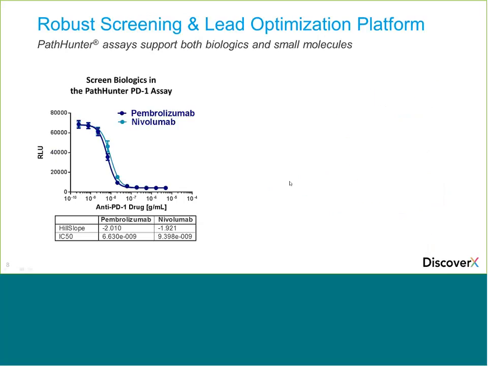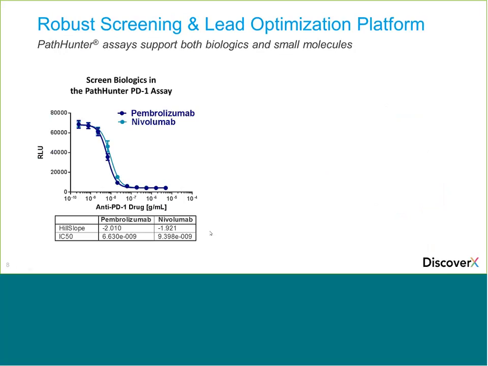Here is an example where we've tested pembrolizumab, the anti-PD-1 drug from Merck, and nivolumab, the anti-PD-1 drug from BMS, in our PD-1 assay. What we can observe is that as we increase the concentration of these two drugs, we see a decrease in the amount of light observed in our assay, again indicating that we can see an inhibition of the PD-1 receptor activation signal using this approach.